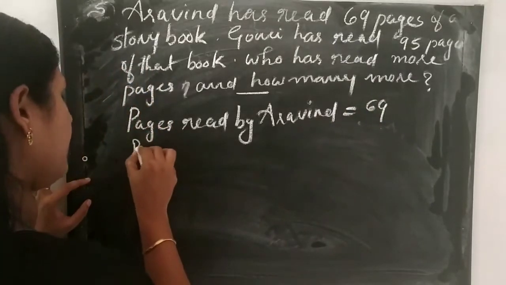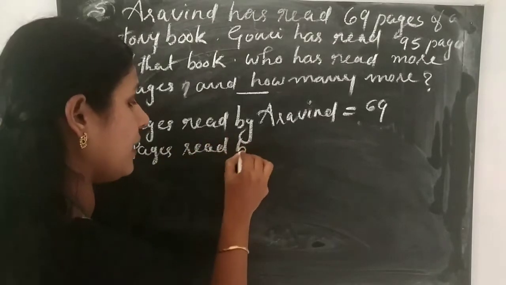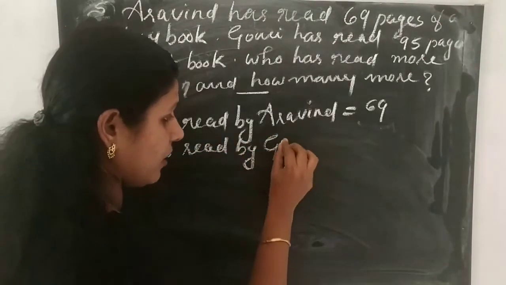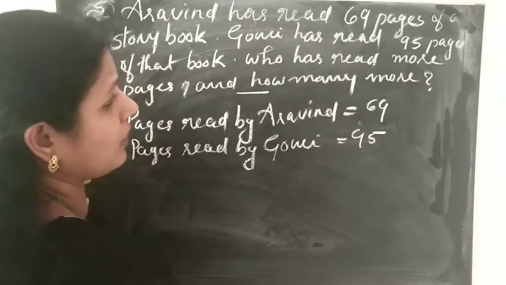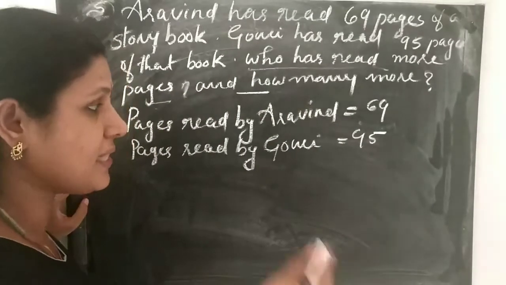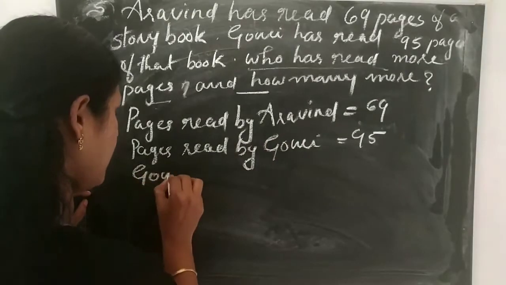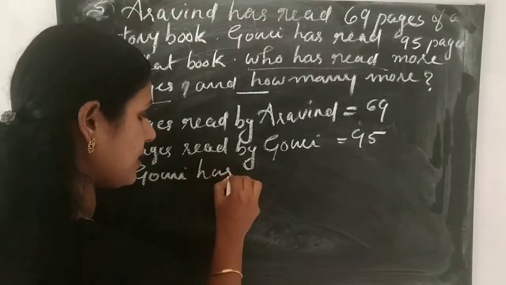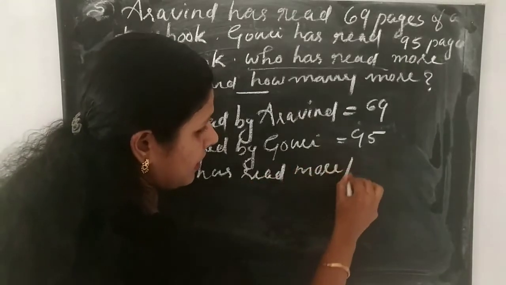Then pages read by Gauri, that is 95. Who has read more? So we can write: Gauri has read more pages. So that answers our first question.